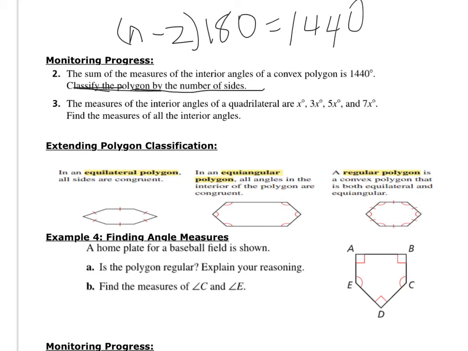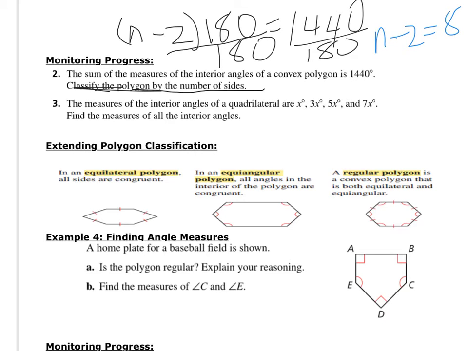Okay, so the first thing we do is, I want to get this n minus 2 by itself, so what's the opposite of multiplying by 180? That's right, we'll divide by 180. And when we do that, we end up getting n minus 2 equals 8, because 1,440 divided by 180 is 8.